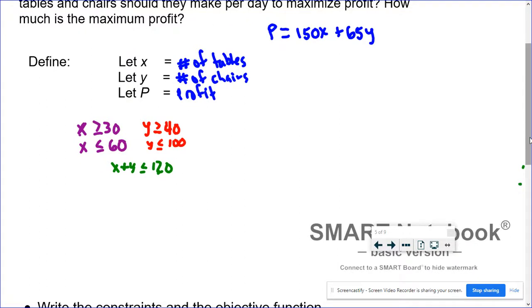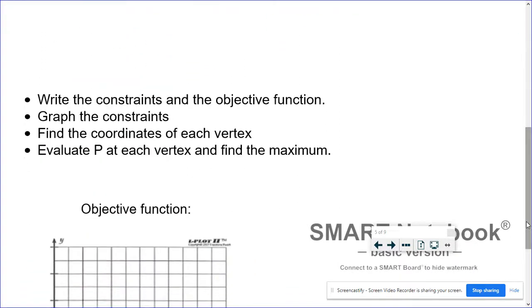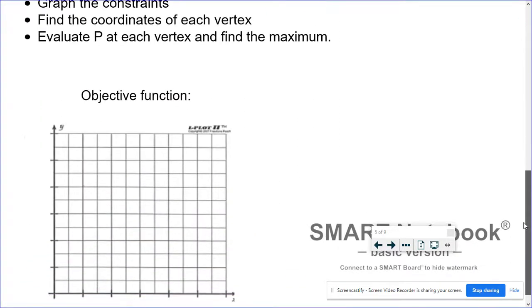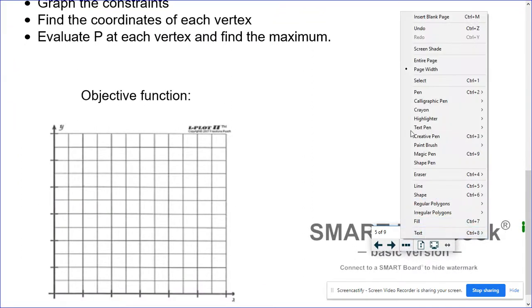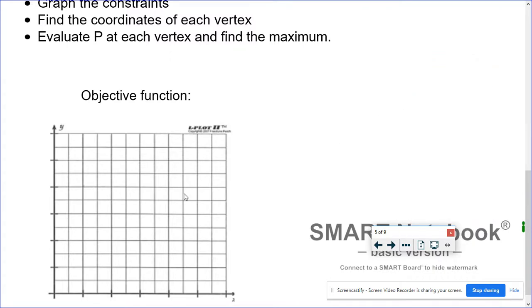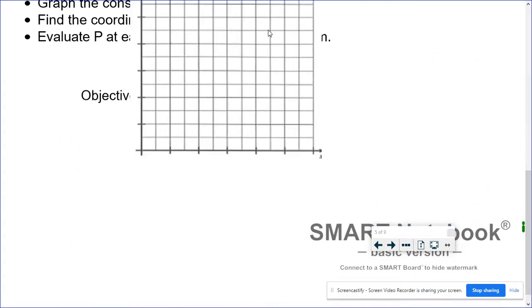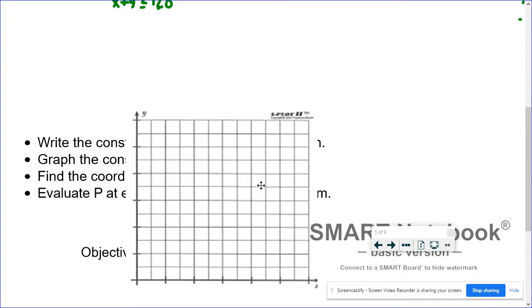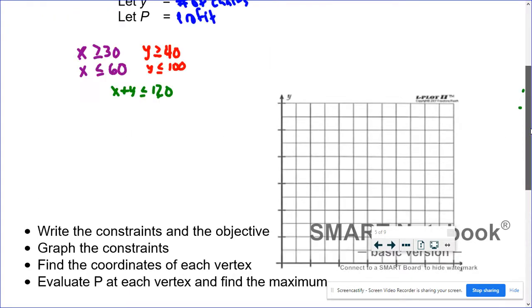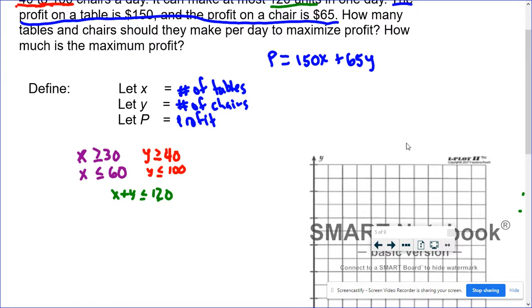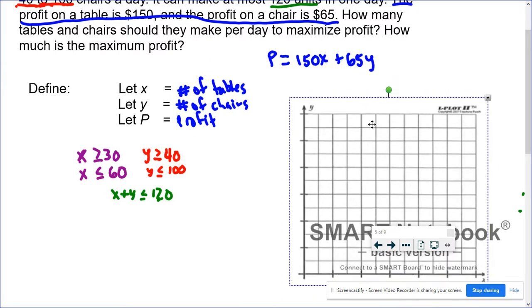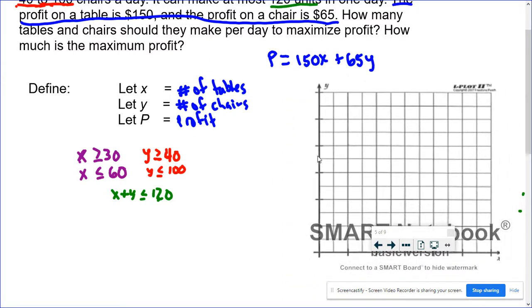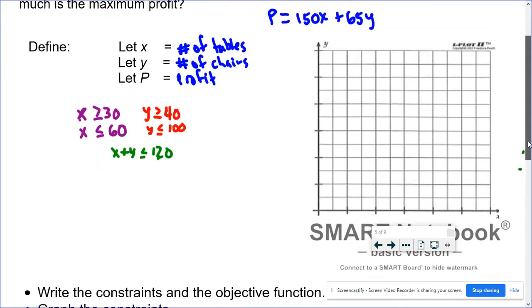Now we're going to graph that over here.